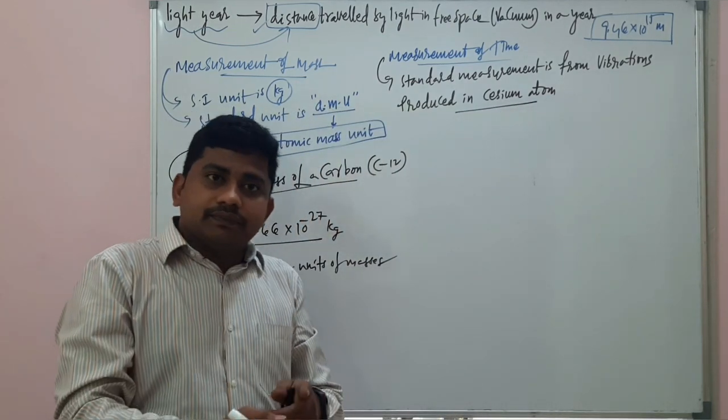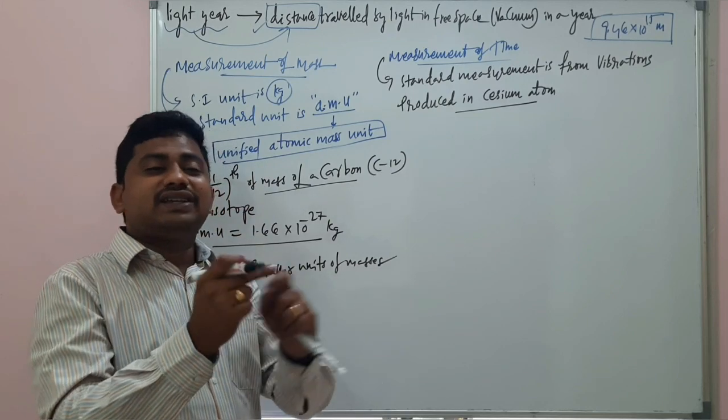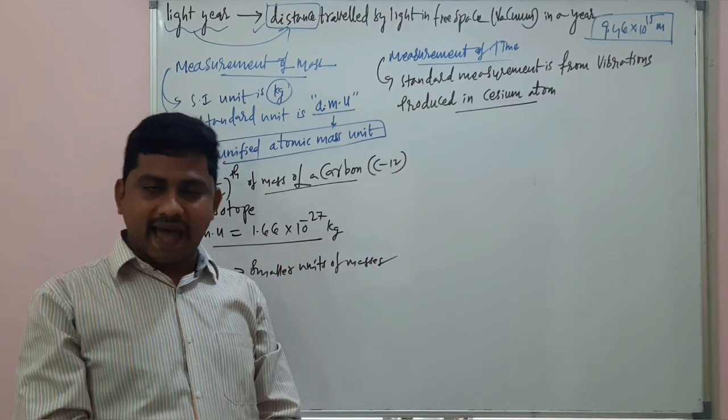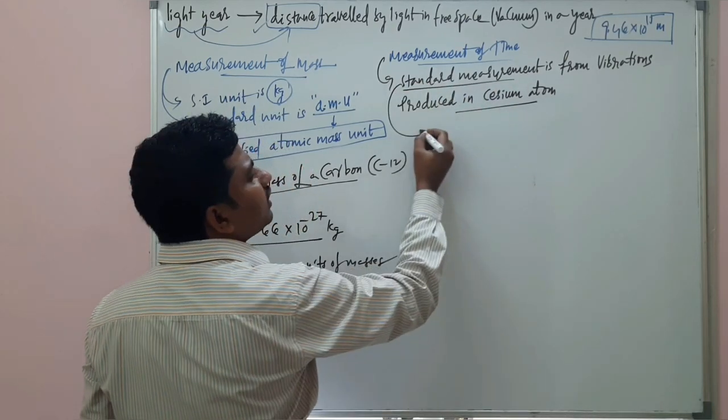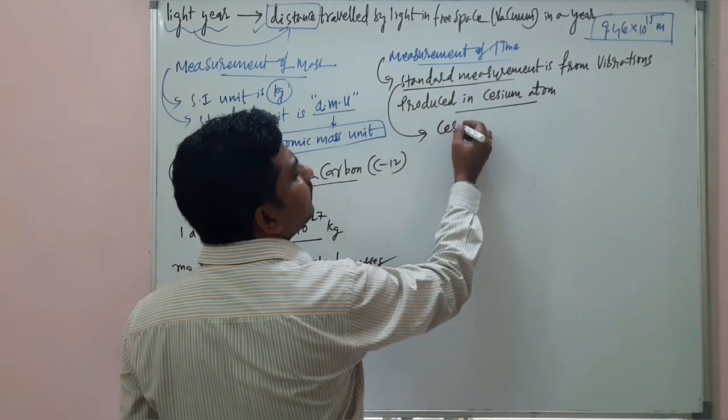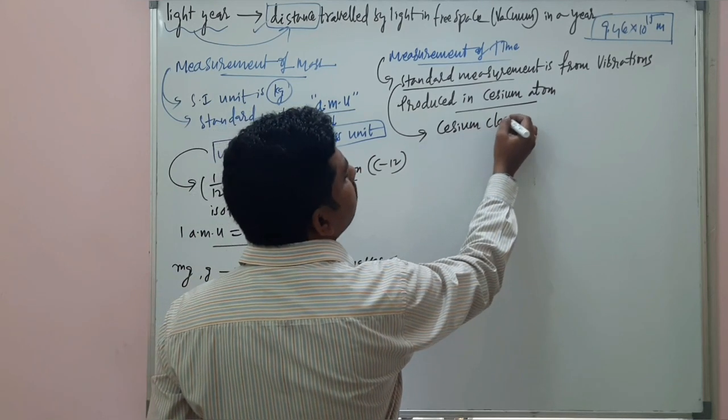The standard unit of time is taken from the vibrations produced in the cesium atom. So this standard measurement of time is taken from the cesium clocks.